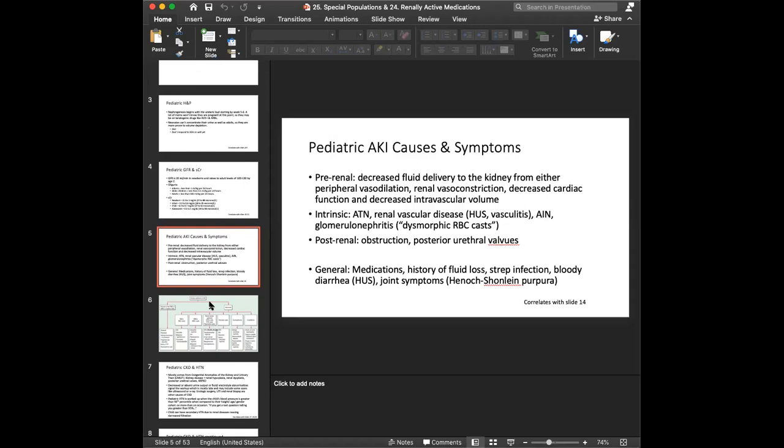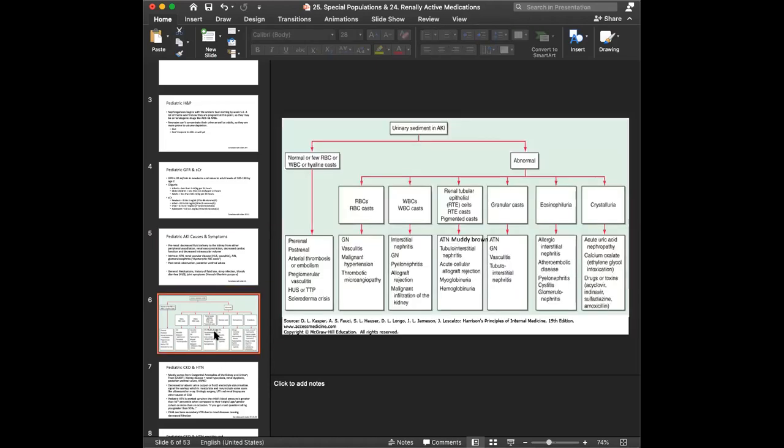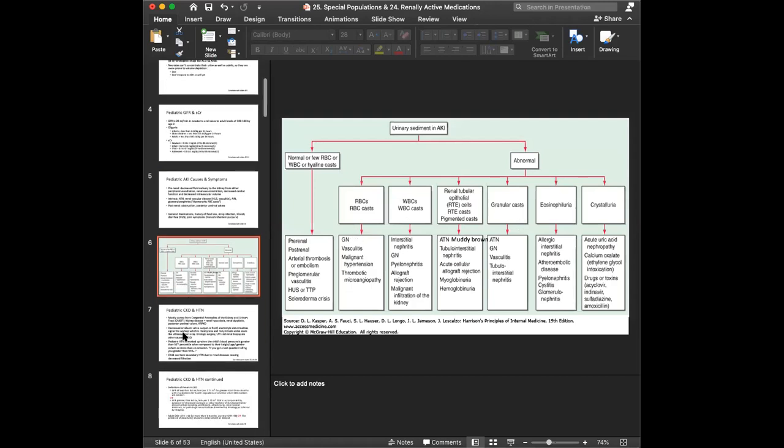AIN, glomerulonephritis. Postrenal, similar obstruction, and then an important one here would be posterior urethral valves. And of course, medications and stuff like that.